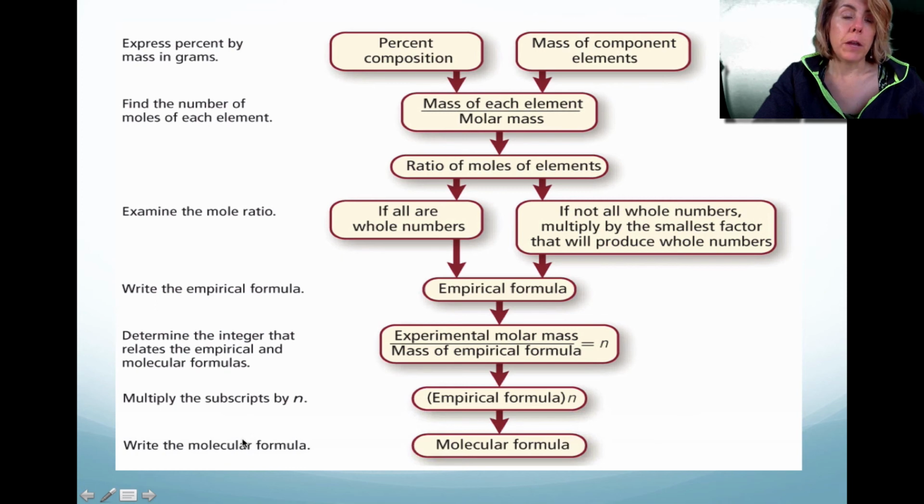And once you have that ratio, if it's a whole number, you don't have to multiply it by a factor like we did with the last problem. And that will give you the empirical formula. Now, molecular formula is something a little bit different. This is the total number of atoms in a formula, just like hydrogen peroxide. You may have to double the empirical formula or triple the empirical formula, depending on what's going on.